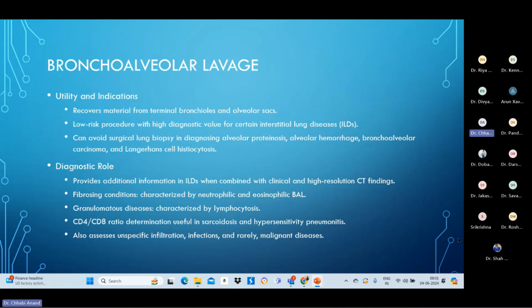Diagnostic role: it provides additional information on ILDs when combined with clinical and high resolution CT findings. Fibrosing conditions are characterized by neutrophilic and eosinophilic BAL. Granulomatous diseases are characterized by lymphocytosis. CD4-CD8 ratio determination is useful in sarcoidosis and hypersensitivity pneumonitis. Also assess nonspecific infiltration, infection, and rarely malignant diseases.